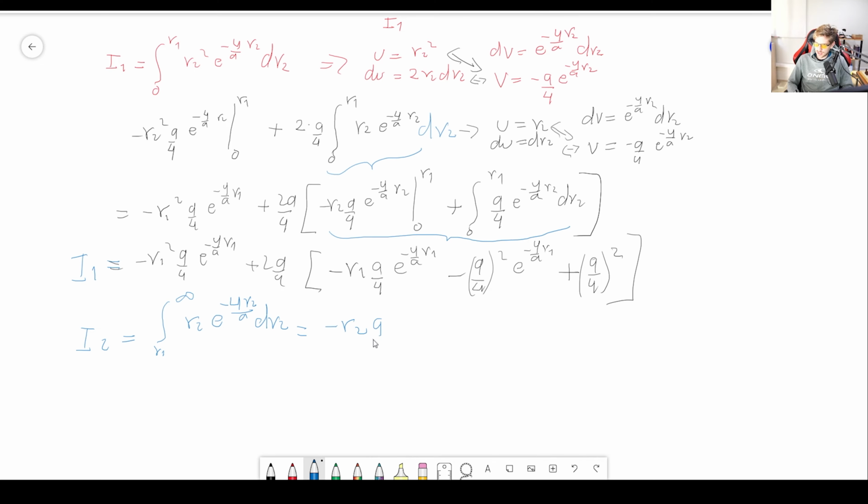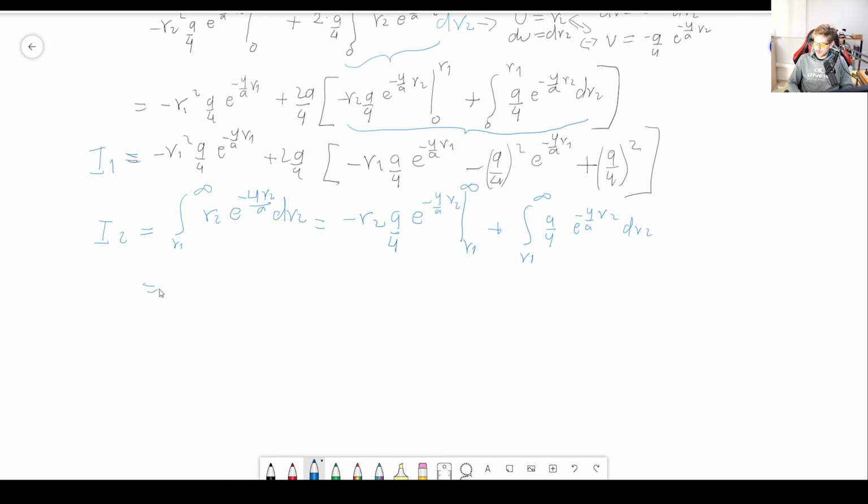So let's write down exactly the same, but of course changing the endpoints. You can of course just calculate it again, but why do it twice? Minus 4a r2 between r1 and infinity. And then we get plus the integral between r1 and infinity of a over 4 e to the minus 4 over a r2 dr2.